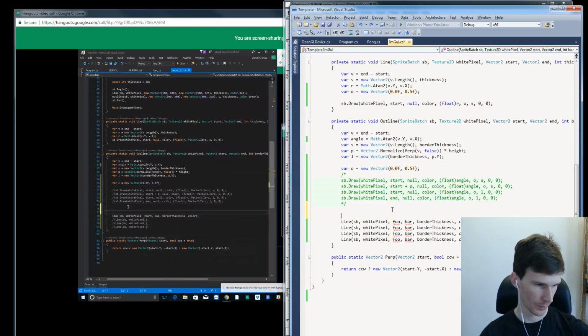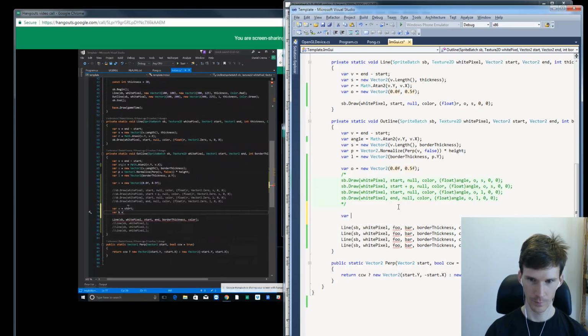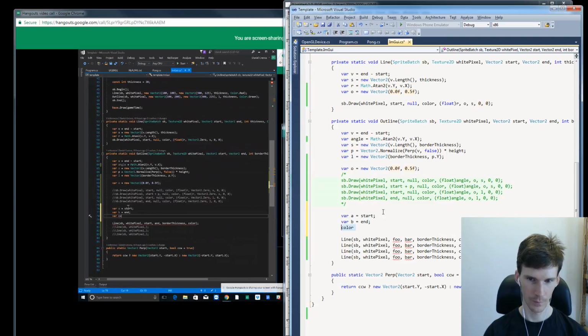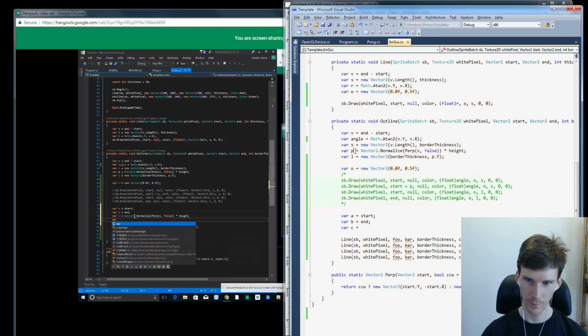Okay. So A is start, and B is end, and C is equal to, well, why not just take this and D is probably the one I don't know.